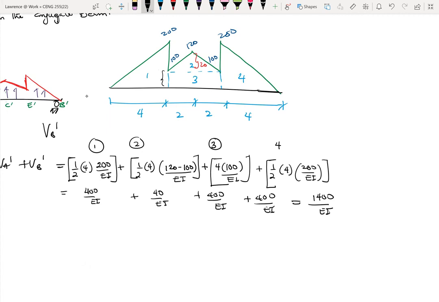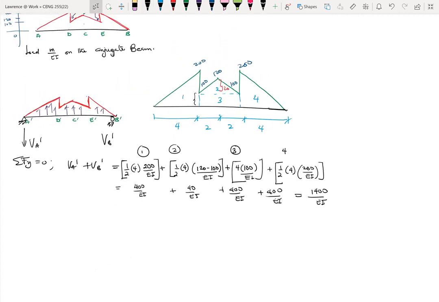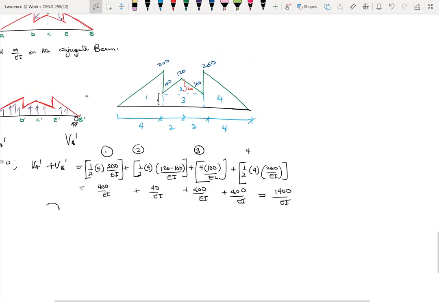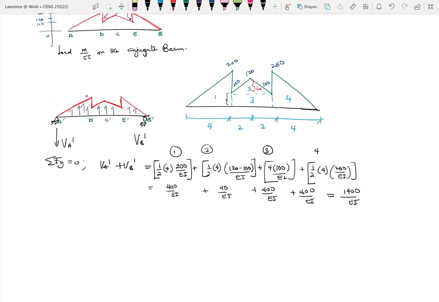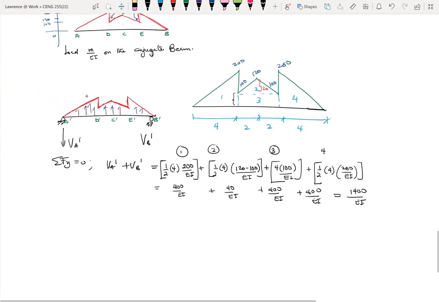Okay. So we can do that. Then find VA. If we want to find VA, we can take summation of moments at B to be equal to 0. We can do that one.